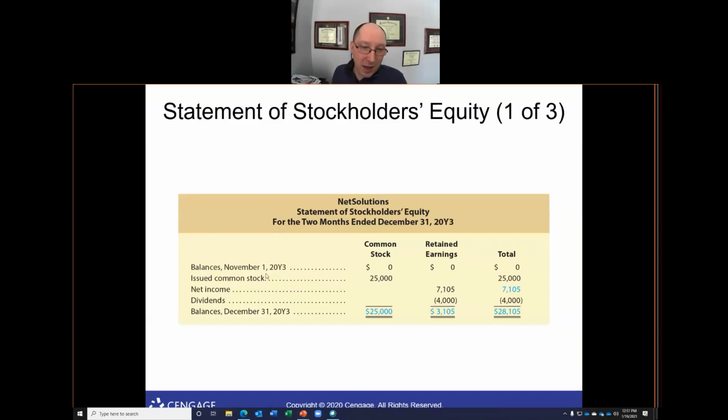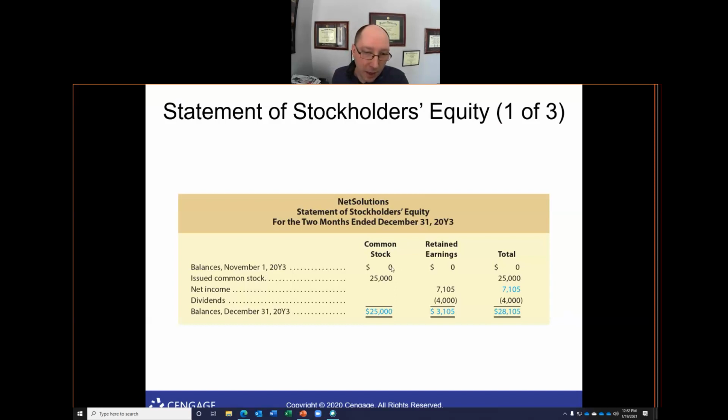Stockholders' equity statement, also known as retained earnings. We have our common stock and our retained earnings. How is the balance figured out? You take your beginning balance plus any issued common stock plus your net income minus your dividends equals your ending balance for retained earnings.